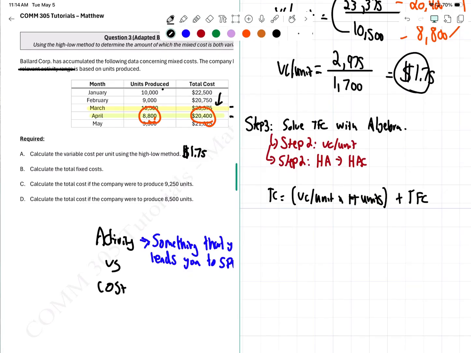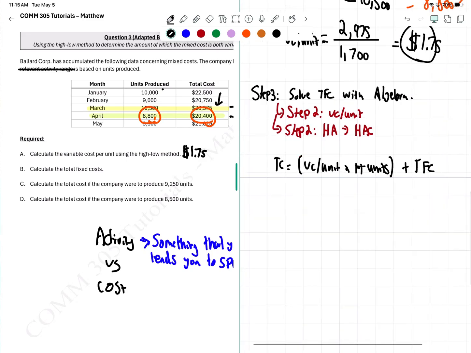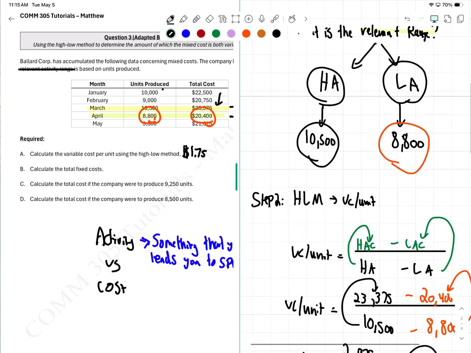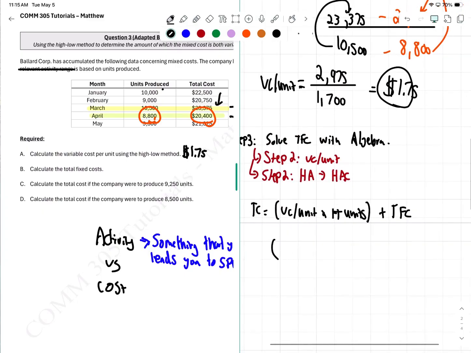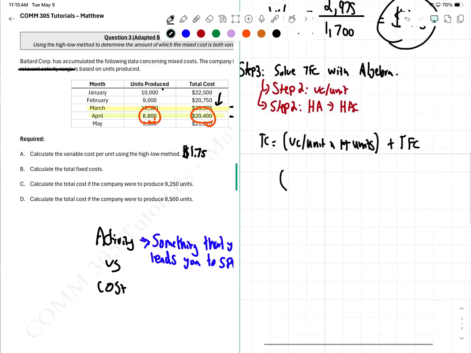So all we have to do is take the 3 elements from step 2 and then solve for the fixed cost with algebra. This is basically what we know here. And this is good because before I was making up numbers up here, but now we have some actual numbers. We know our variable cost per unit within the relevant range is 1.75. So for every single unit I produce, it's 1.75.